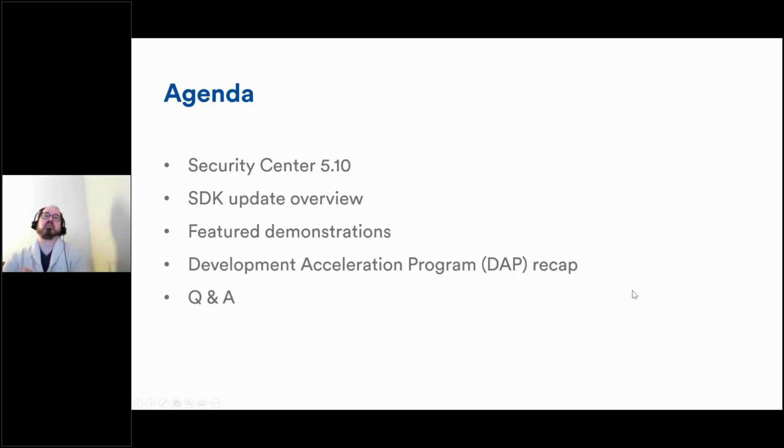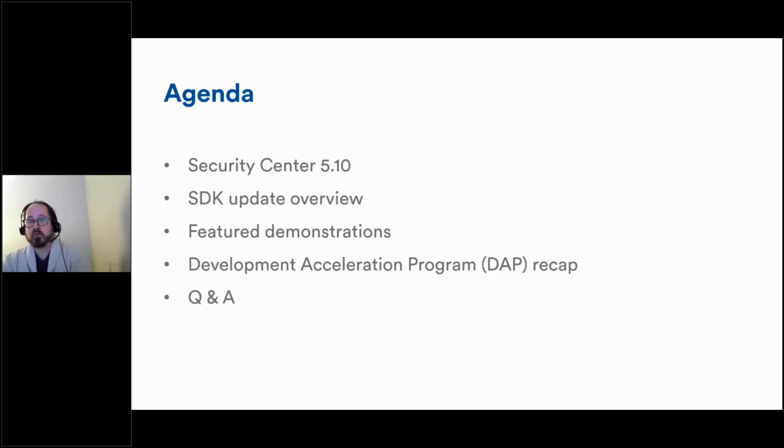So on the agenda today, we're going to start out with a quick overview of what's new in Security Center 5.10. Just generally, we're going to talk about what's new from an SDK perspective and what new capabilities this brings to you folks as partners. We have enlisted a lot of the product group members to provide demonstrations of some of these featured SDK updates.